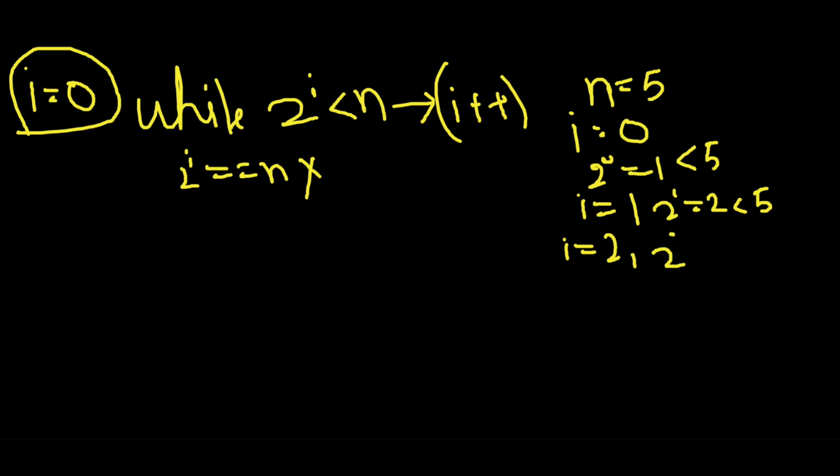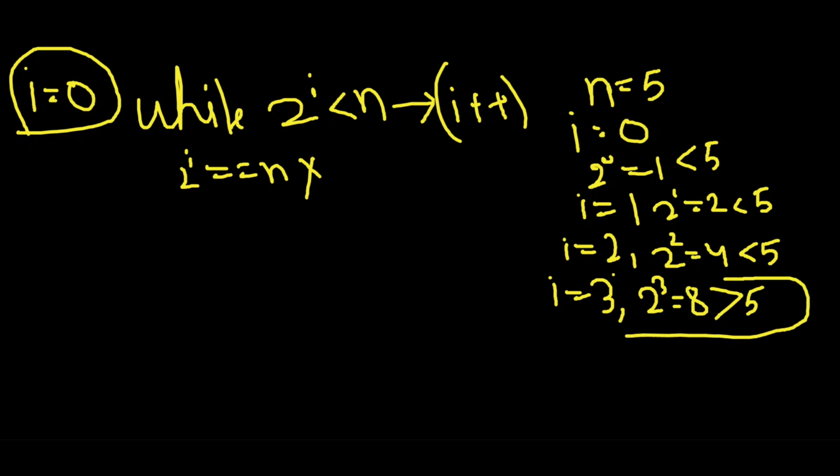Now 2 power 2 equals 4, which is again less than 5, and now increment I by 1, that is 3. Let's see if 2 power 3 is less than 5 or not. It is 8, which is greater than 5. So we just stop here, the incrementation will not be done further, and the I value is 3. Now let's see if 2 power 3, that is 8, is equal to n, which is 5. It's not equal. So we just return false.